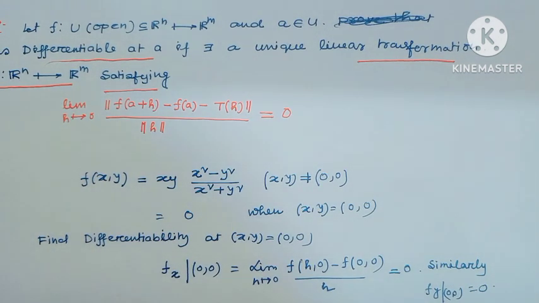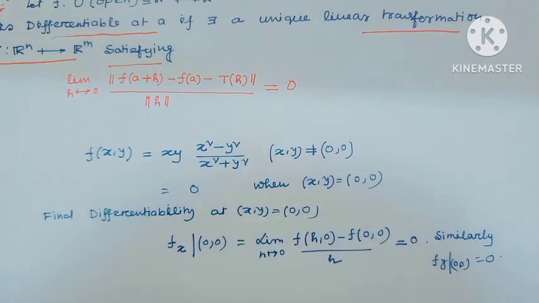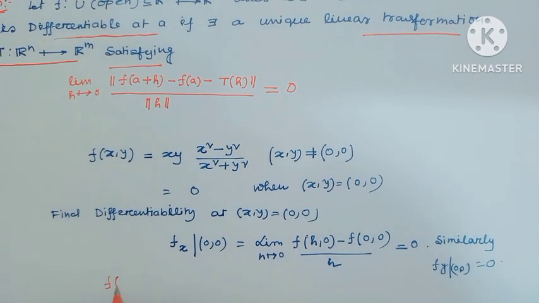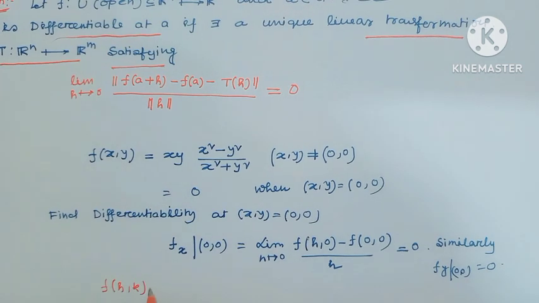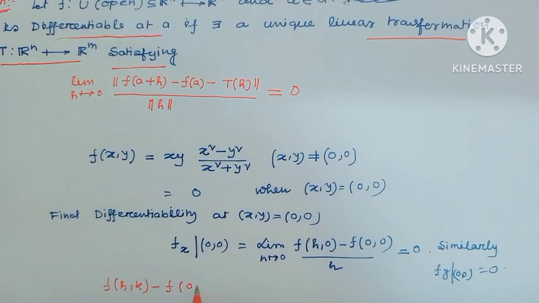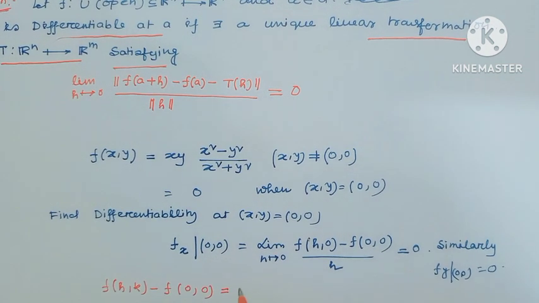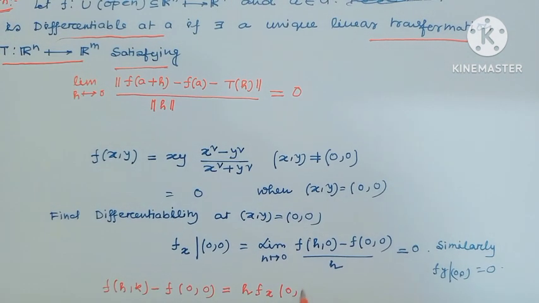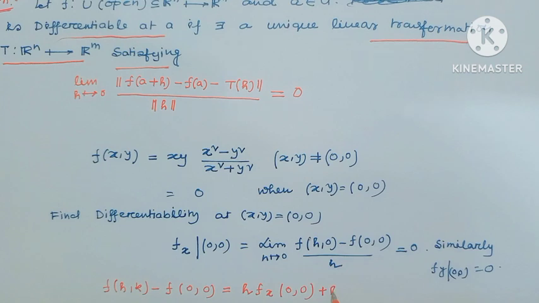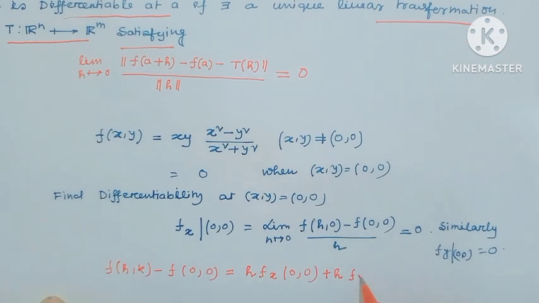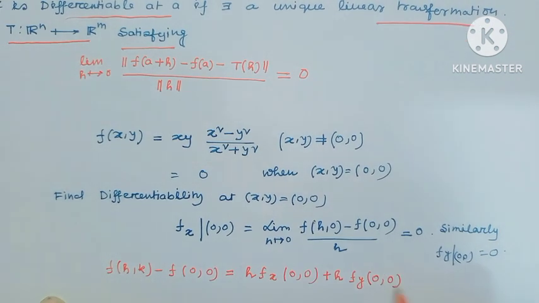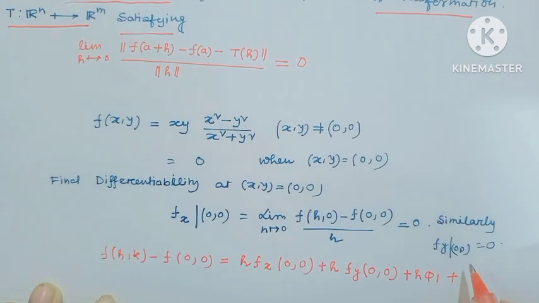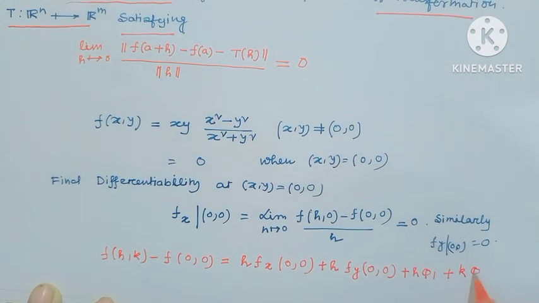So the rule is f(h, k) minus f(0, 0) equal to h fx at the point (0, 0) plus k fy at the point (0, 0) plus h phi1 plus k phi2.